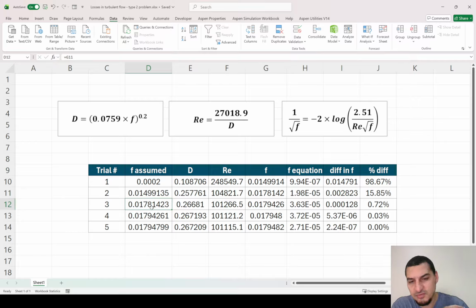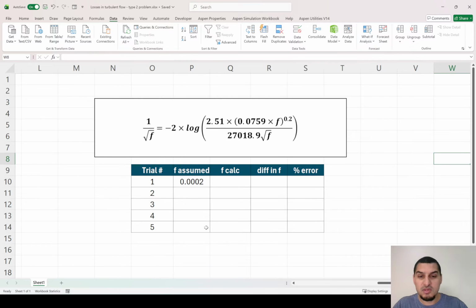So if you're super accurate, you see the difference between this value and this value is not that significant. So it's fine. If you do this using the chart, it's going to be fine. So this is the solution if we use the three equations.